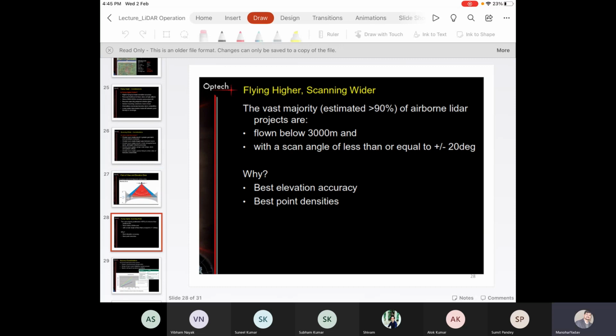Now the third combination: flying higher and scanning wider. In both cases, you can drop the price, the project budget. But are they a better choice for quality data in terms of data density and accuracy?